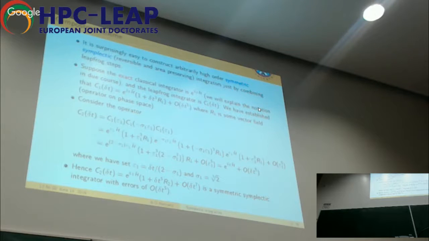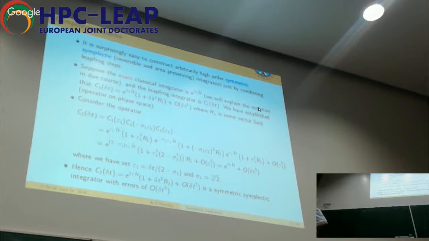And we have a leapfrog integrator. I'm going to call that C sub 1 of delta tau for the moment, just to be systematic. What we've shown is that this integrator has errors of order delta tau cubed. So I can write this integrator as the exact integrator multiplied by 1 plus delta tau cubed times R1, where R1 is some operator on phase space which gives the error in the integrator.